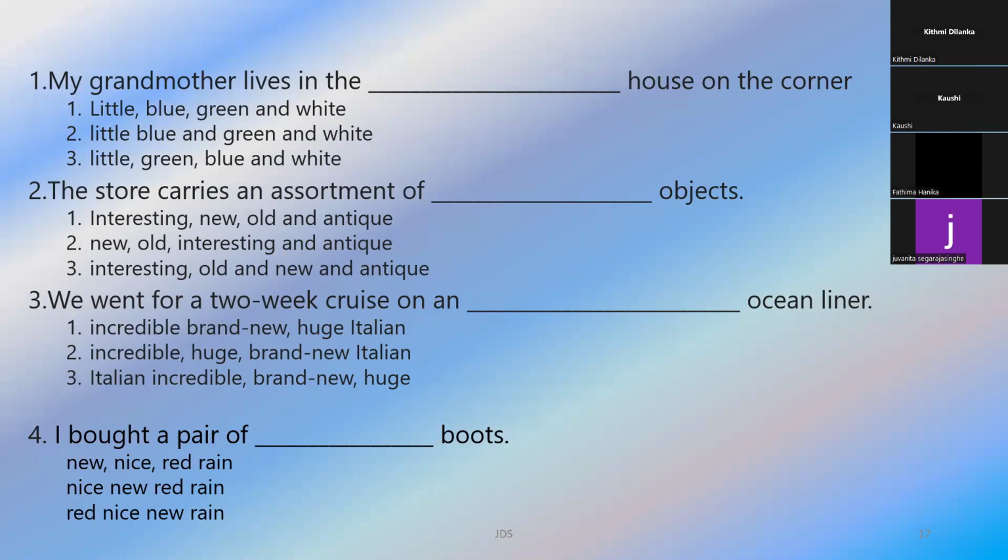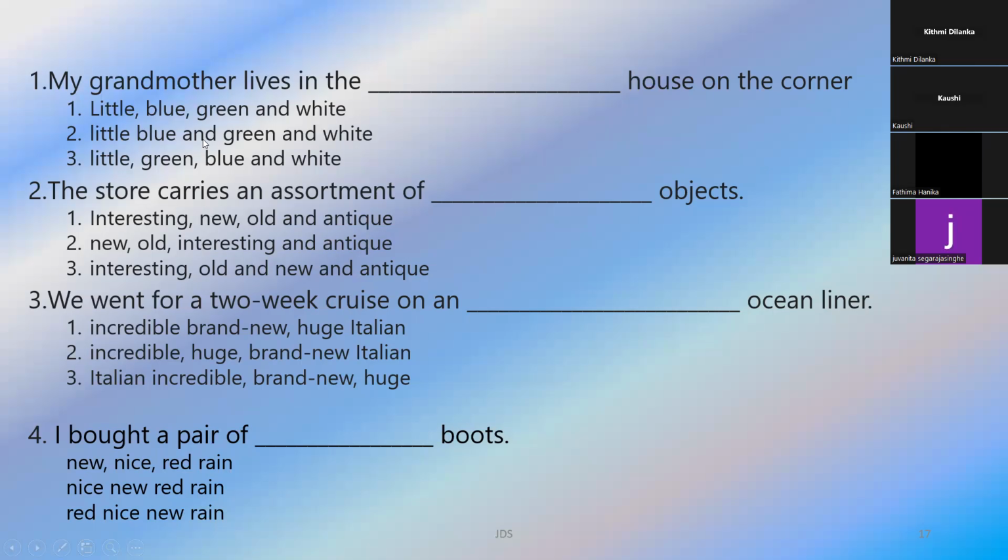So you have first the opinion. Little, opinion is not little, actually, it is the size, right? So little corresponds to the size. After that, what should be the next adjective? Blue.